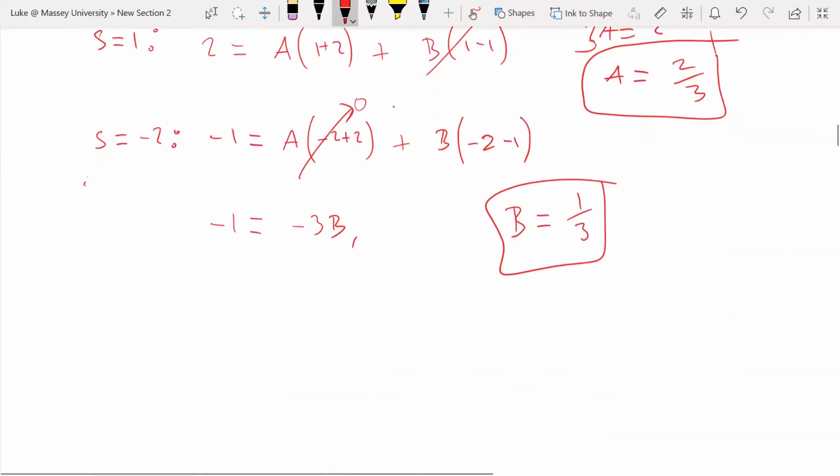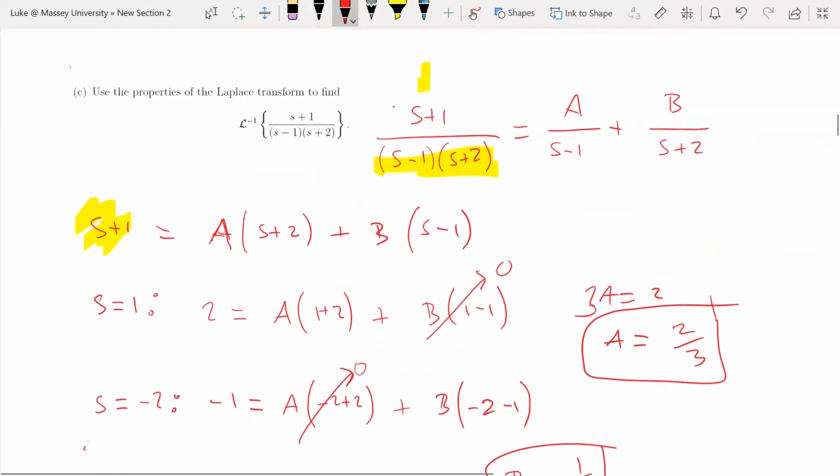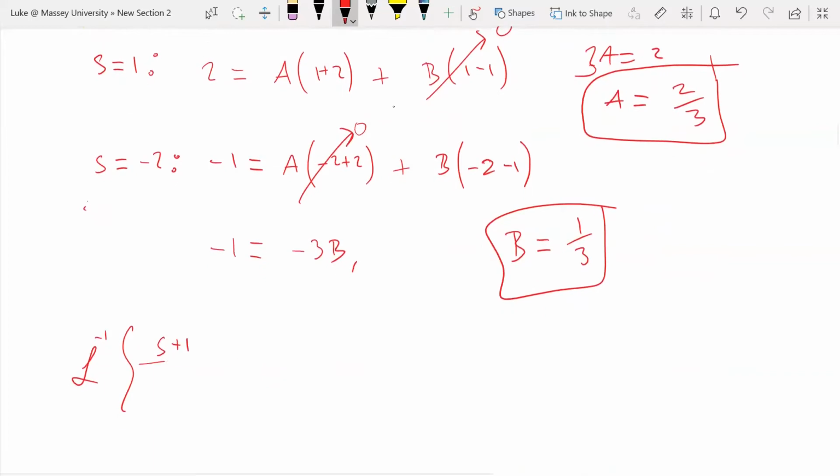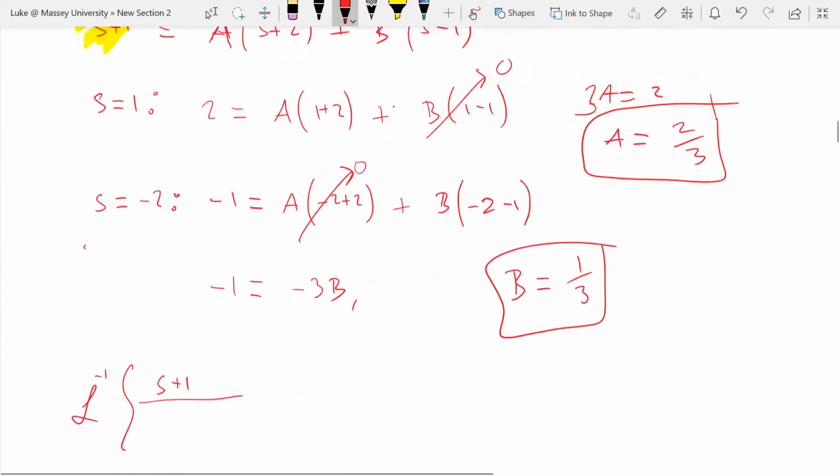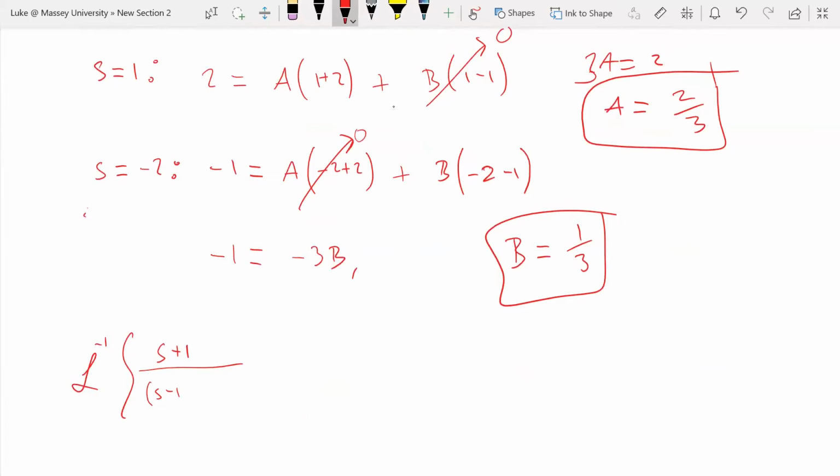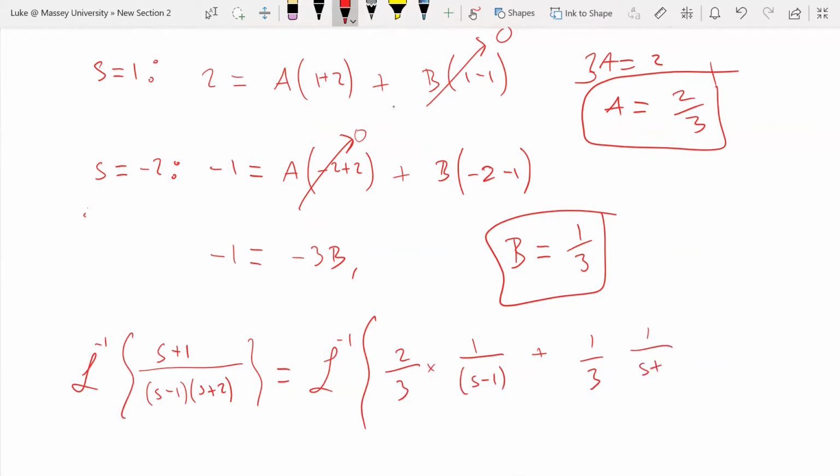So the inverse Laplace transform of s plus 1 over s minus 1, s plus 2, is equal to the inverse Laplace transform of A, which is 2/3, times 1 over s minus 1, plus B, which was 1/3, times 1 over s plus 2.